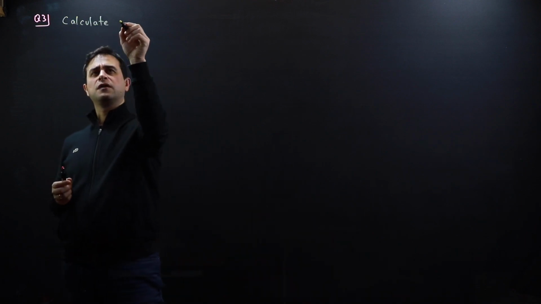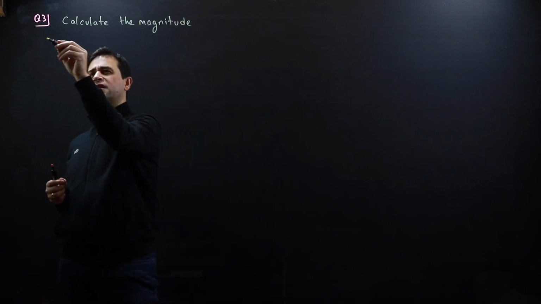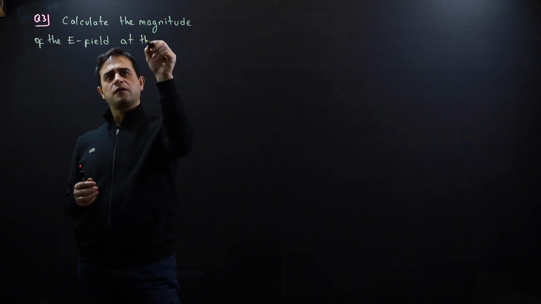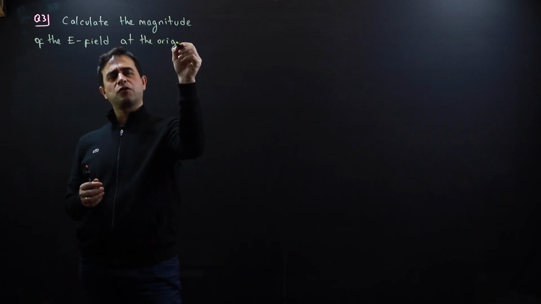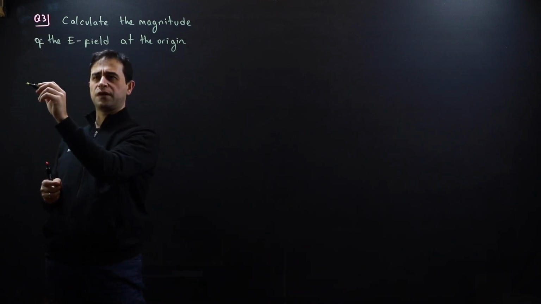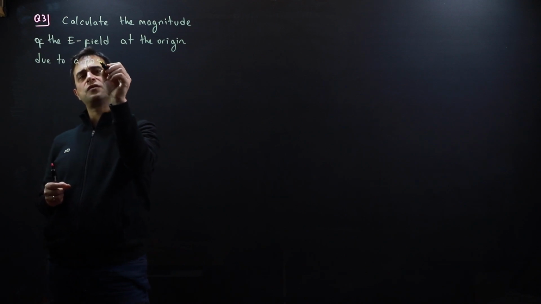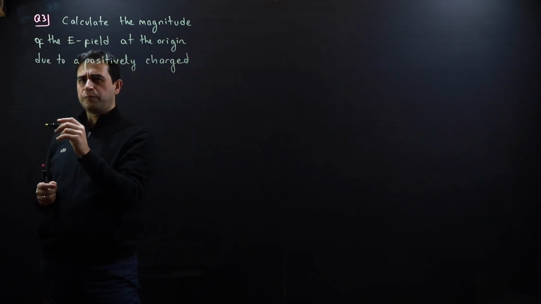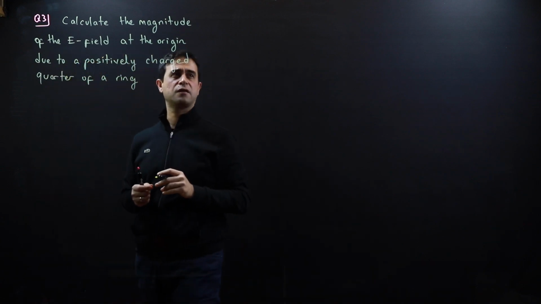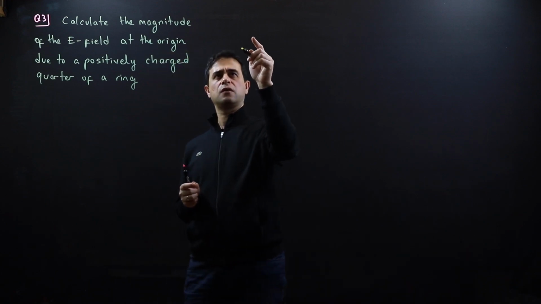Calculate the magnitude of the electric field at the origin, I'm going to draw the figure for you, so don't worry about the writing, due to a positively charged quarter of a ring. So what I mean by that is the following. Maybe I should draw it here.